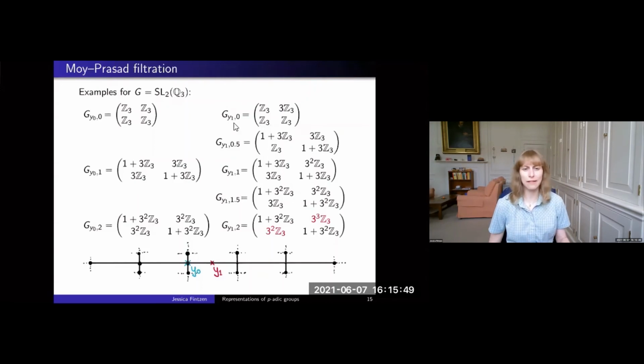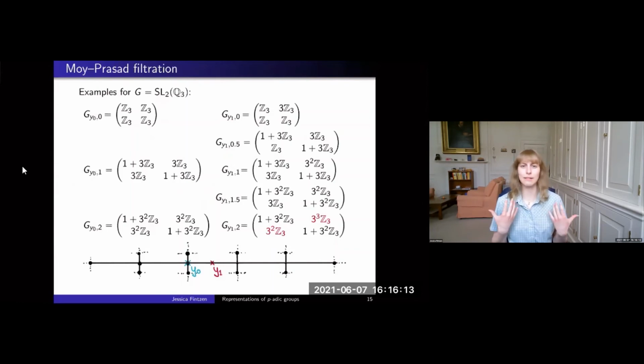And I should say I've written down just some of these filtration subgroups for 0, 1/2, 1, and so on, but they actually exist for all real numbers, but all the groups in between here are the same as the one at 1/2. So that's why I didn't write down all of them. And the same here. The group here at 1/2 would be the same as the group at depth 1. And so that means we get this filtration of our group by compact open subgroups.